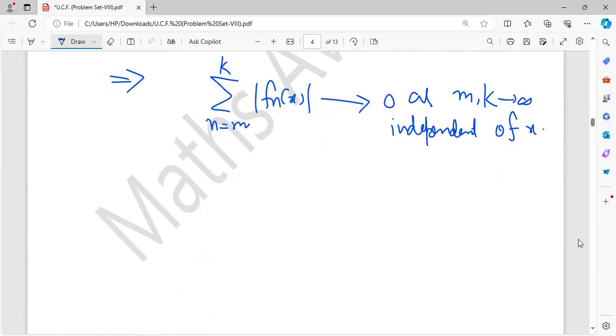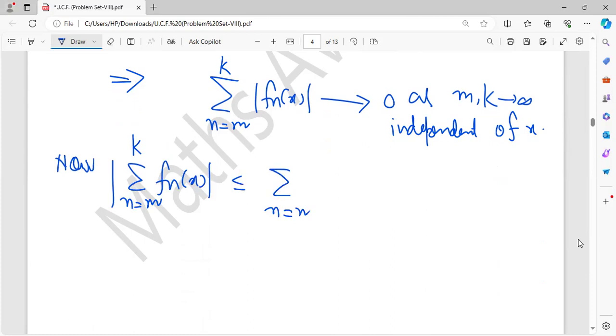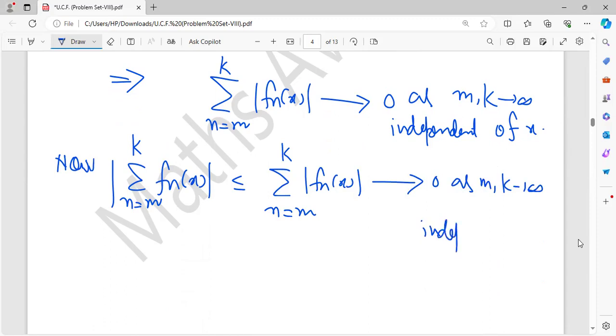Now the summation from n = m to k of fn(x), I can write with the triangle inequality like this, but this tends to 0 as m, k tend to infinity, and this is independent of x. So what does it mean?